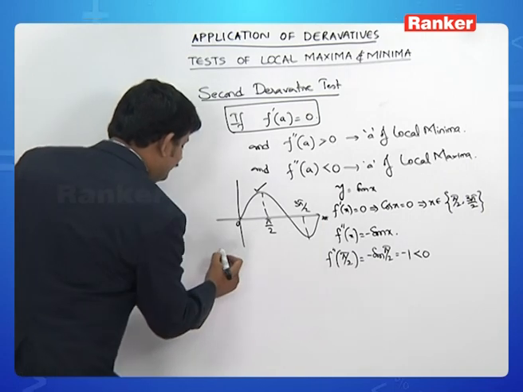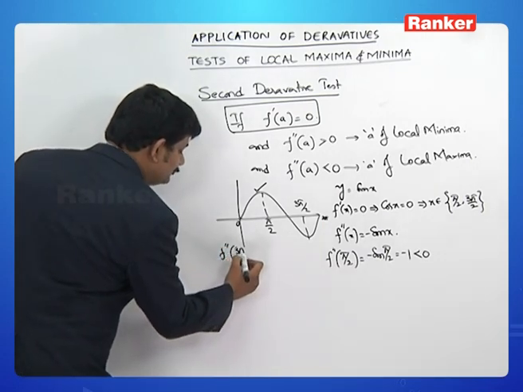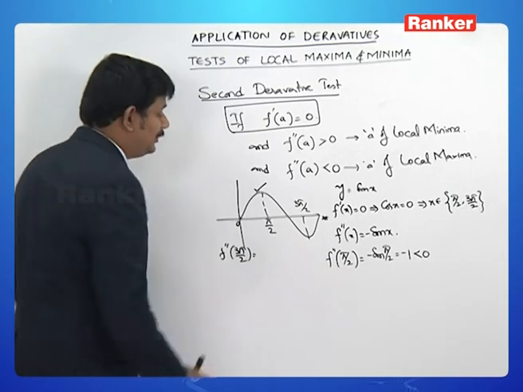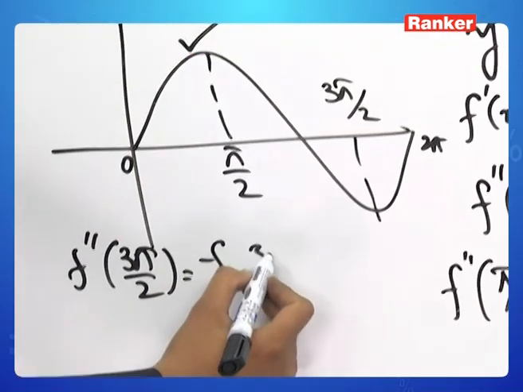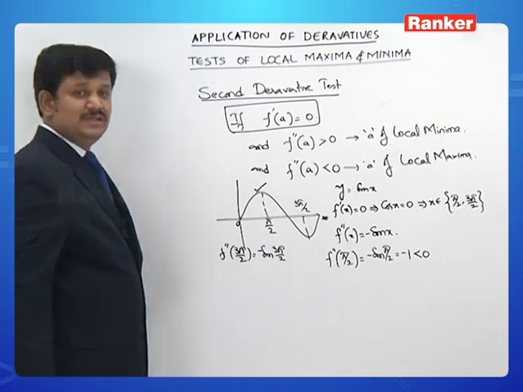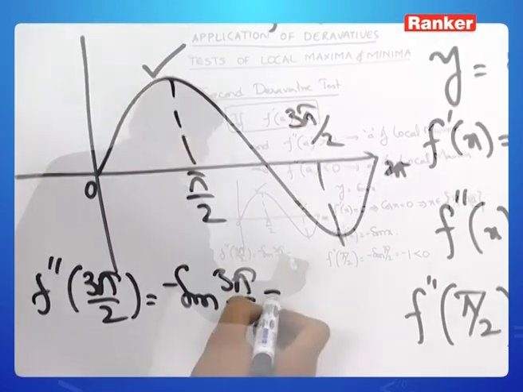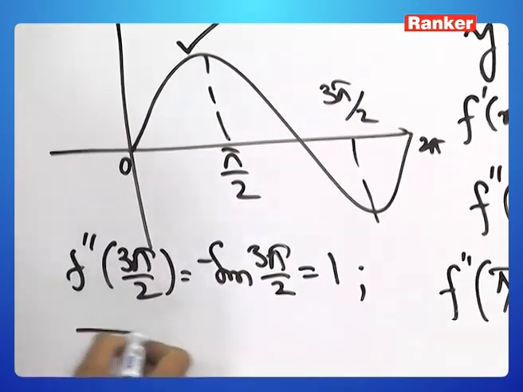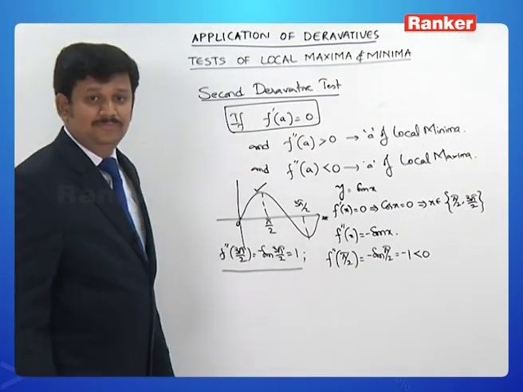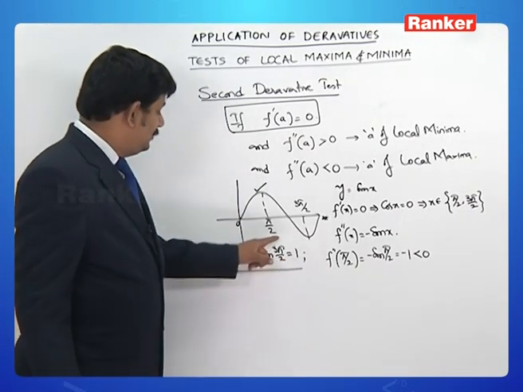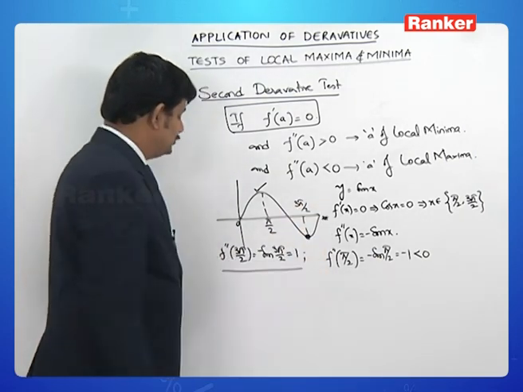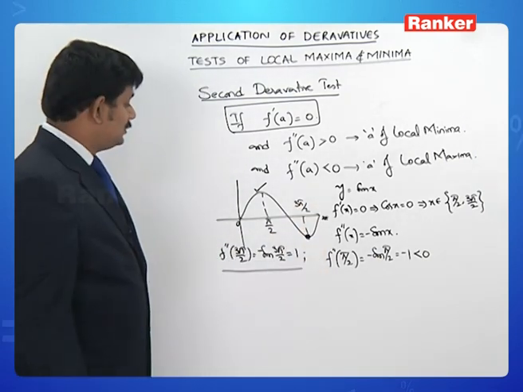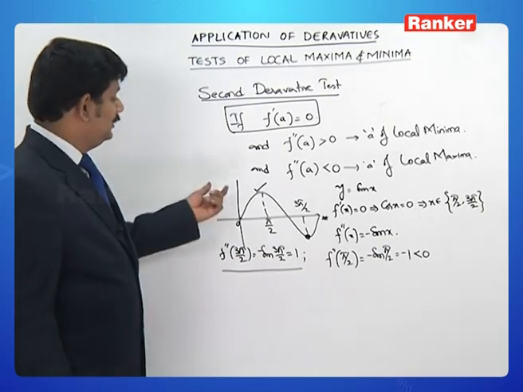And let us look at f double dash of 3 pi by 2. F double dash of x is minus sin x. Minus sin 3 pi by 2, sin 3 pi by 2 is minus 1, minus of minus 1, it is plus 1. So f double dash of 3 pi by 2 is 1, which is positive. So f double dash is positive, indicates this is a point of minima. So one is a point of minima and other is a point of maxima, and that is what we got from the graph as well.